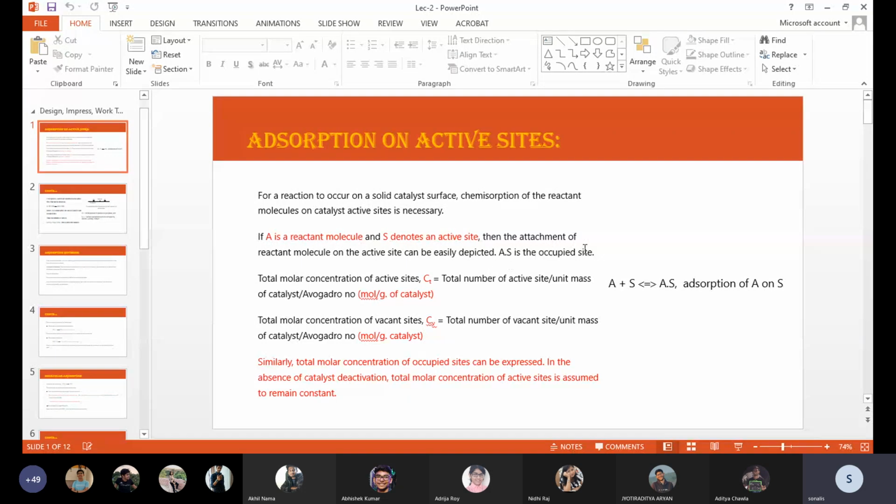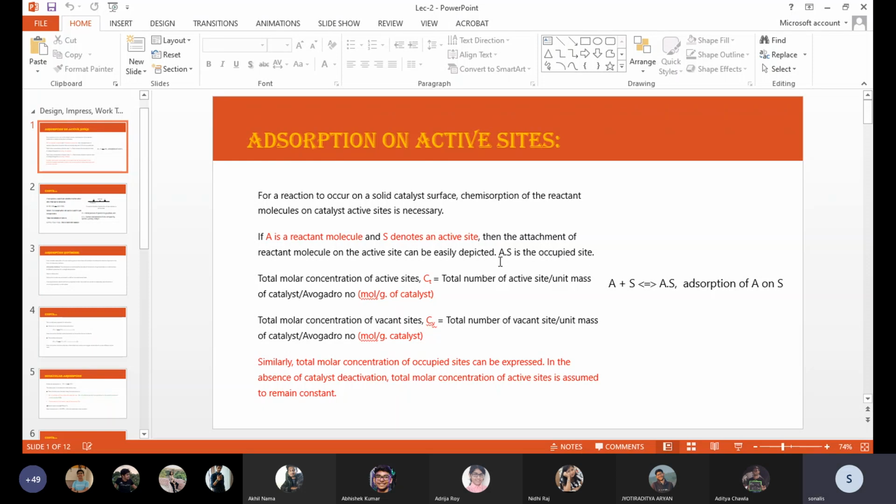If we denote S as the active site and A is the reactant molecule, then A will get attached on the site. The attachment of the reactant molecule on the active site can be easily depicted as A dot S. A is adsorbed on S, so A dot S is the occupied site.